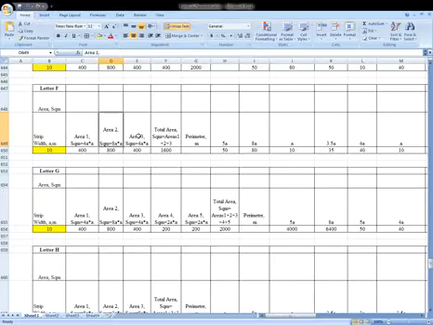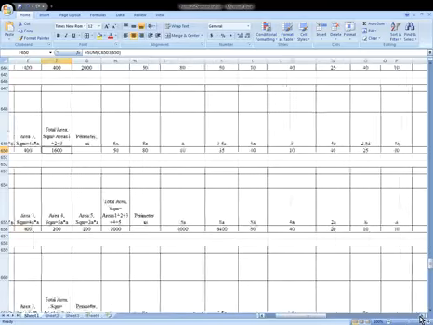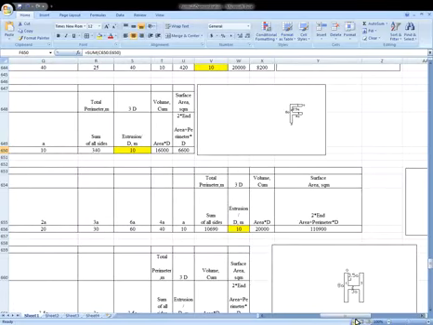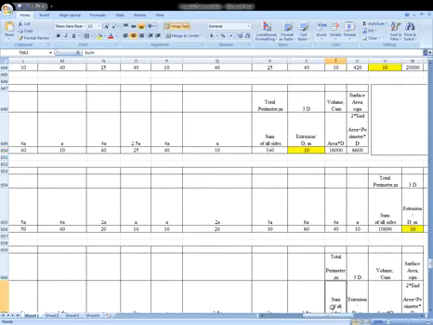So area 1, area 2, area 3, and that's 4A into A, this is 8A into A, this is 4A into A, and the total is this. So it's not difficult. And similarly, we are here to find these individual dimensions.